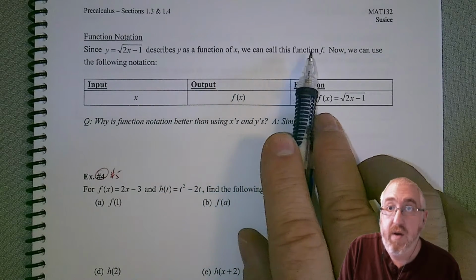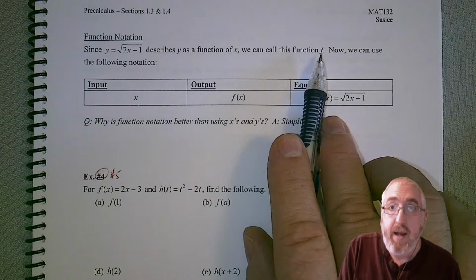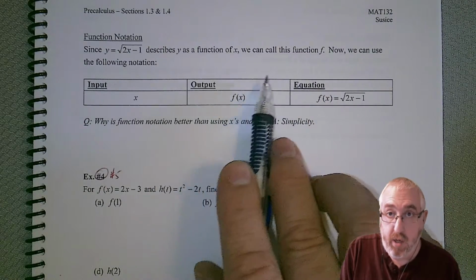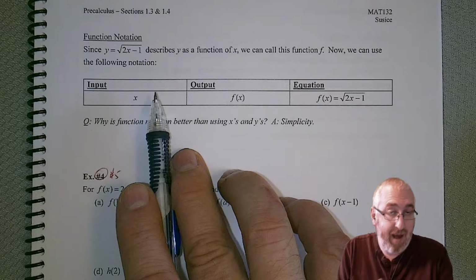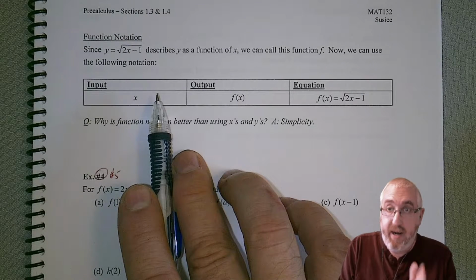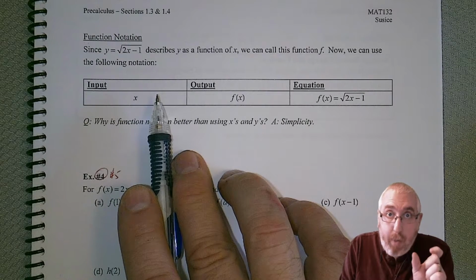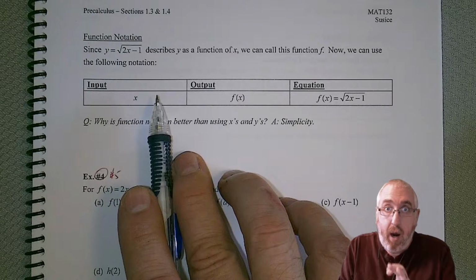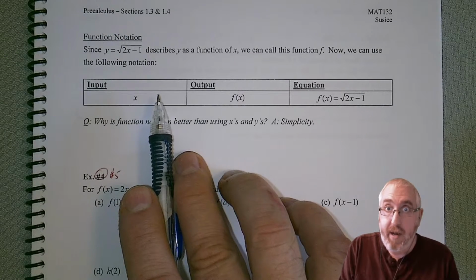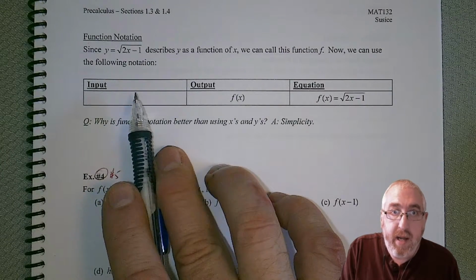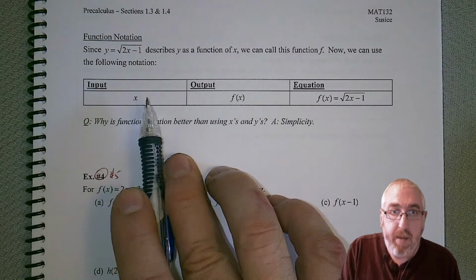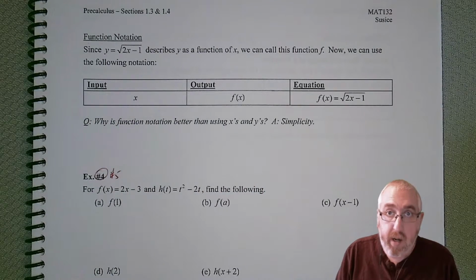And we're going to call this function f. Now, the notation we're going to want to use is going to be revolved around f. But the first thing is making sure we understand how we have our independent variable, or our input, that generates our output, our dependent variable. So in this case, our input, which is our independent variable, is going to be x, something we're plugging in.